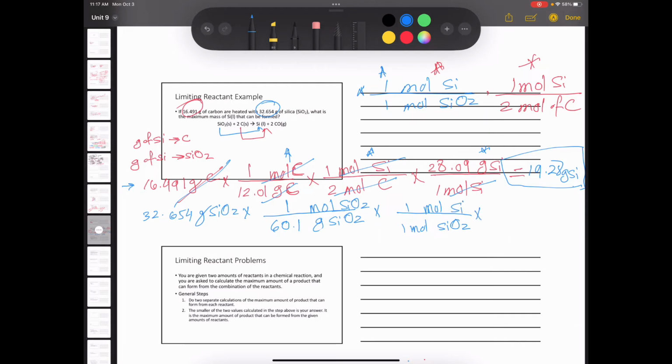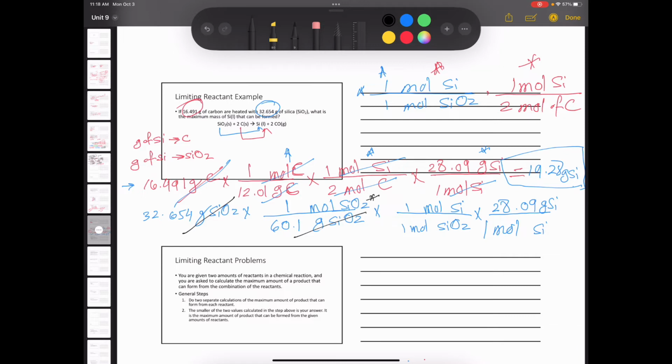And then I will multiply that into grams of silicon. Again, I'm trying to get my numbers in grams because I started with grams of silica or silicon oxide. So this will be 28.09, similar to our previous step, grams Si, and down here is 1 mole Si. So grams of silica will cancel out with grams.